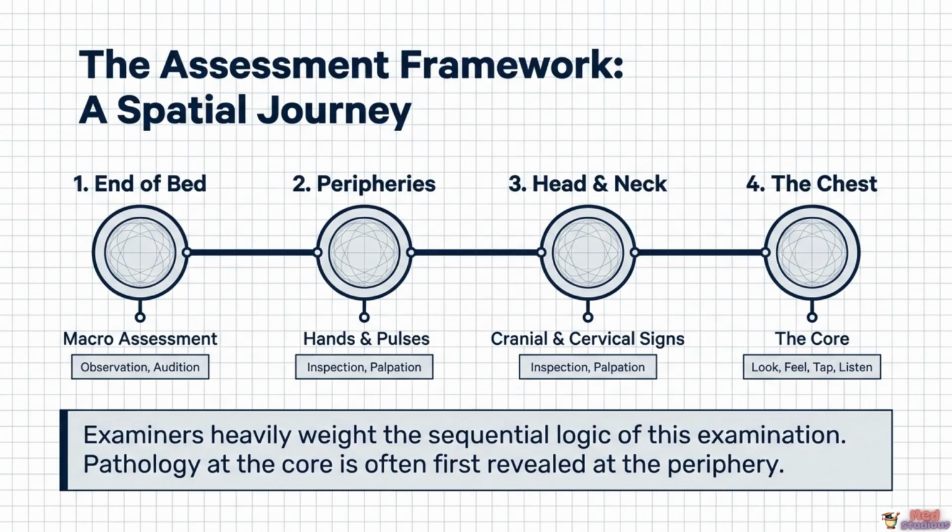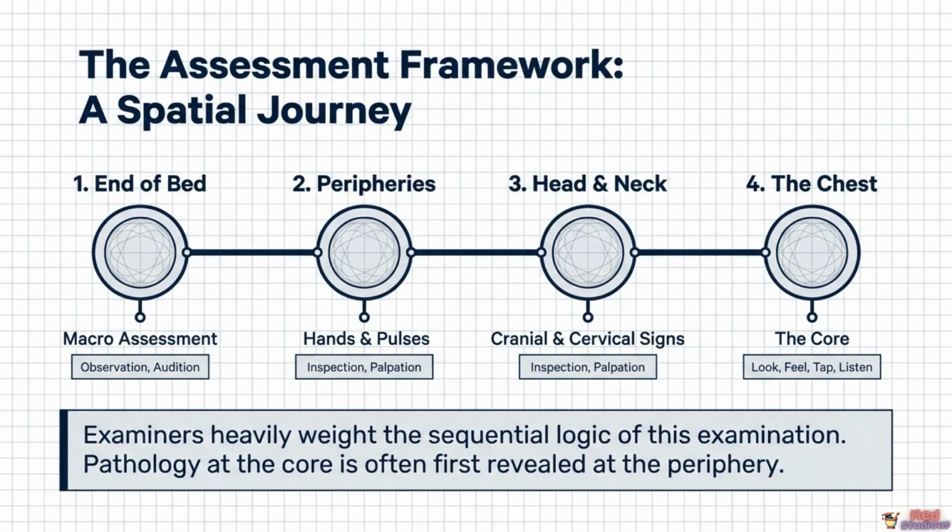The respiratory examination follows a deliberate spatial journey, moving progressively from the periphery toward the core, and examiners heavily weight this sequential logic when grading clinical performance. The journey begins at the end of the bed, where a macro assessment is performed through simple observation and audition, looking and listening before ever touching the patient. The second stop is the peripheries, focusing specifically on the hands and pulses through inspection and palpation.